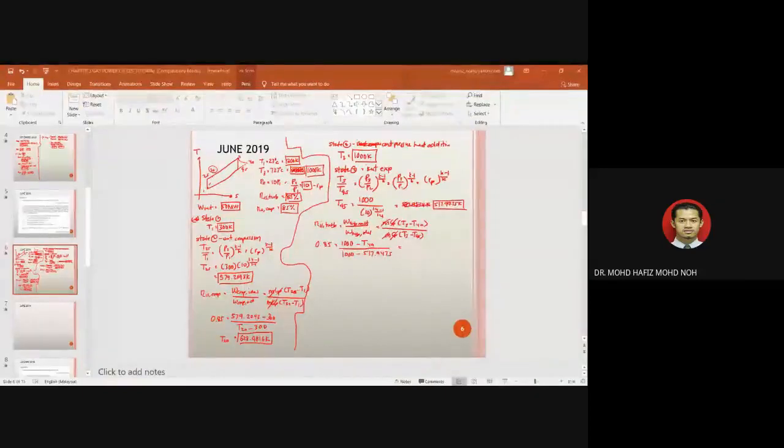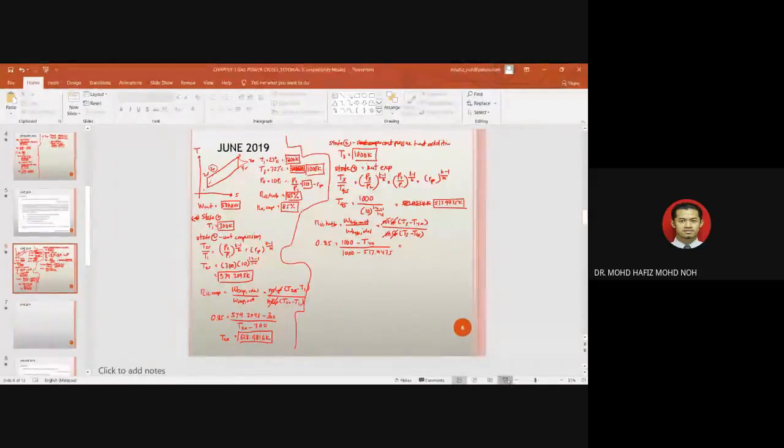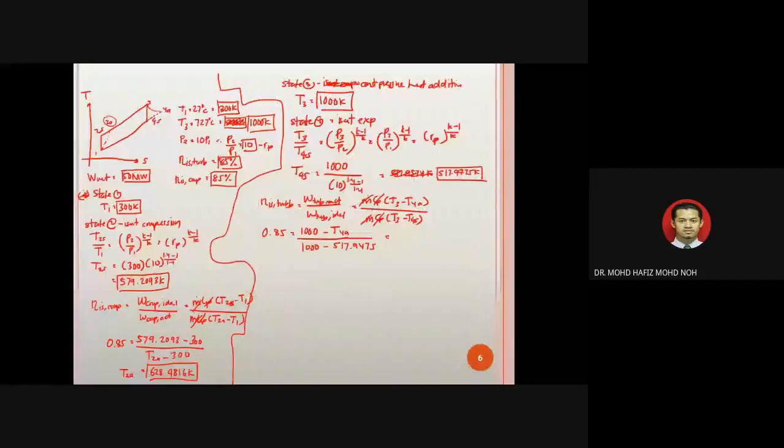So let me check the value of T4 actual. So T4 actual, we have 590.2553 Kelvin.